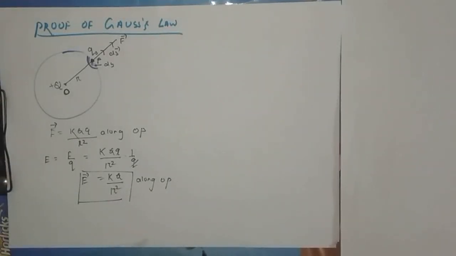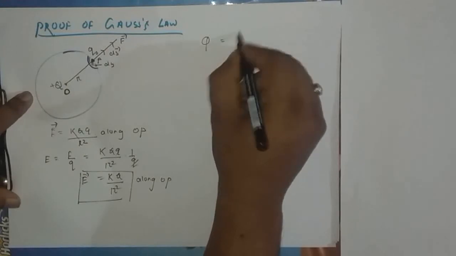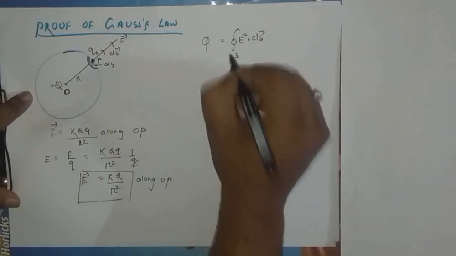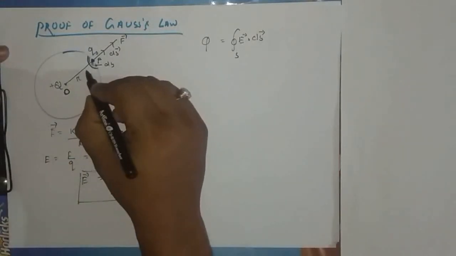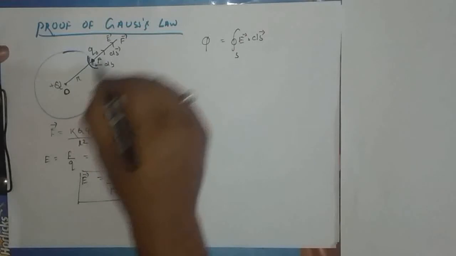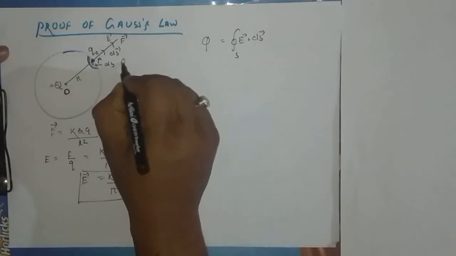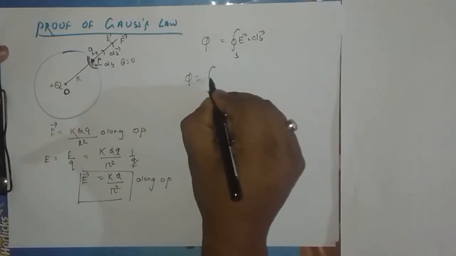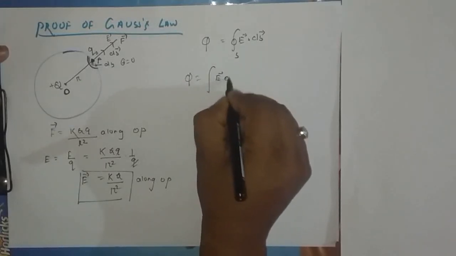Now what do you need to know? Flux. What is the flux formula? Surface integral of E dot ds along the closed surface. So what are the ds vector and the electric field directions? The first direction is the electric field, so between them the angle is 0 degree. So flux is equal to E ds.